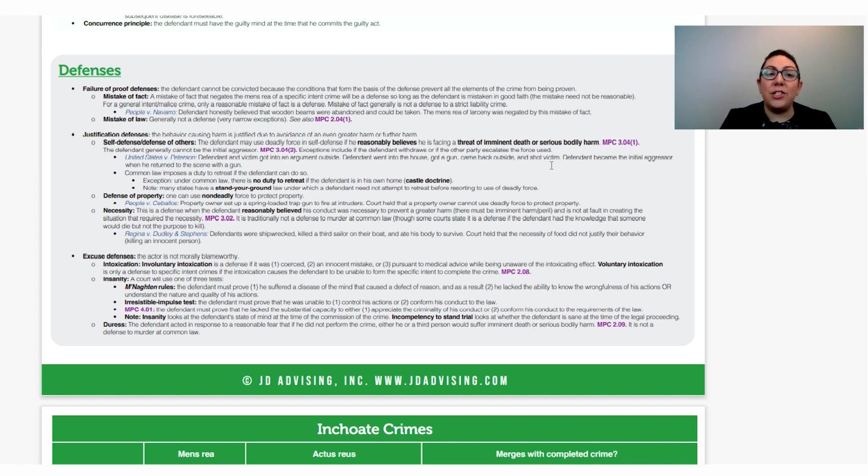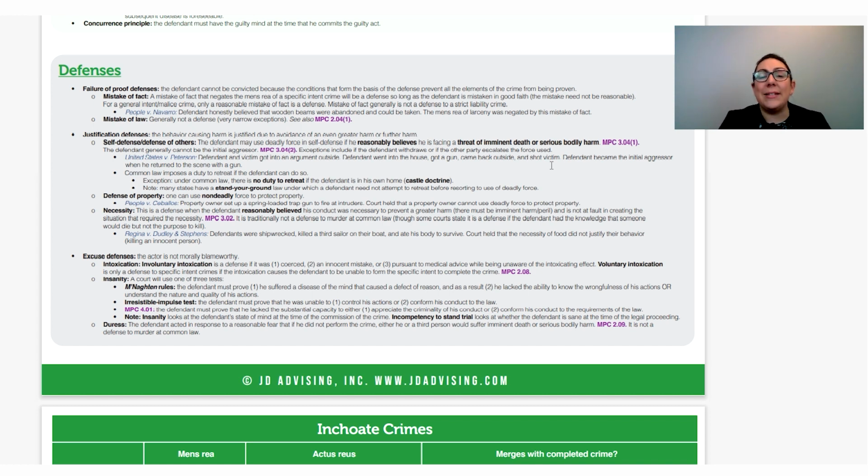Because remember, for the excuse defenses, we're looking at situations where the defendant isn't morally blameworthy. They don't have a criminal mindset. I'm not trying to commit a crime here. I'm trying to save my life and not get shot by this person who's holding a gun to my head. So certain defenses go with certain crimes, which can make this tricky.